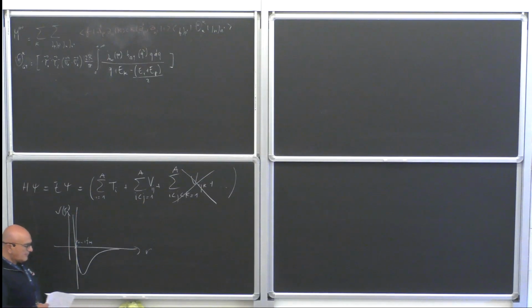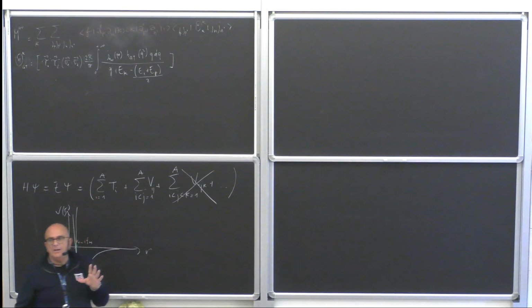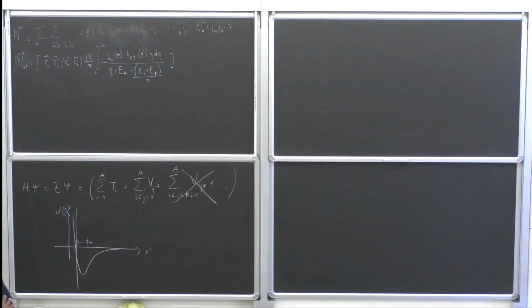So, as I said, analytically, exactly, you can diagonalize this Hamiltonian only for very few systems, namely 3 and 4 body systems. That's it. Whatever you do elsewhere, increasing the number of A, is an approximation.